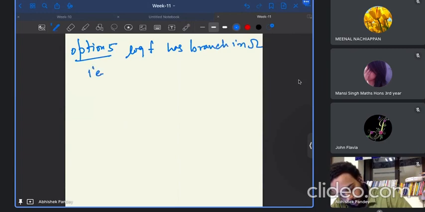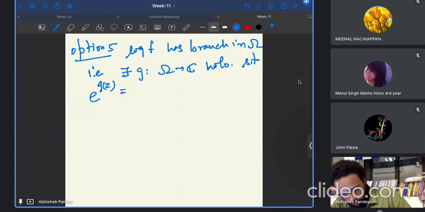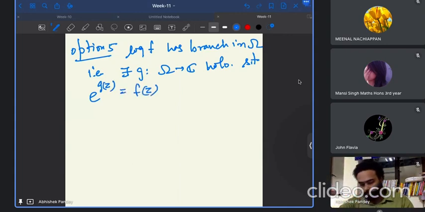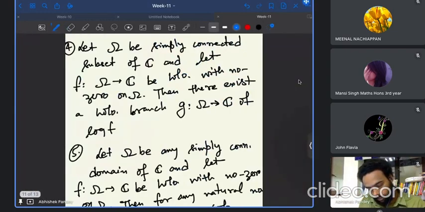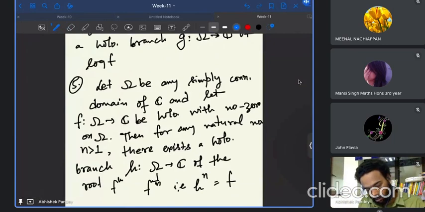That is, there exists g from omega to C, which is holomorphic, such that e to the power g(z) is equal to f. Let h(z), basically what is given? Then for the following natural number, there exists a holomorphic branch h of the root function f to the power 1 by n.